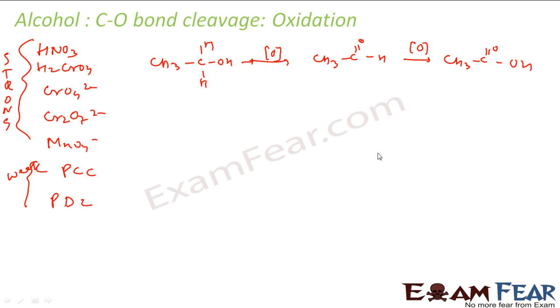This is the typical reaction. Here if you see, we are breaking the C-H and O-H bonds. These bonds we are breaking, and we are forming C=O. You see, that's what we are doing actually. Correct? It all depends on how strong an oxidizing agent it is. Correct?